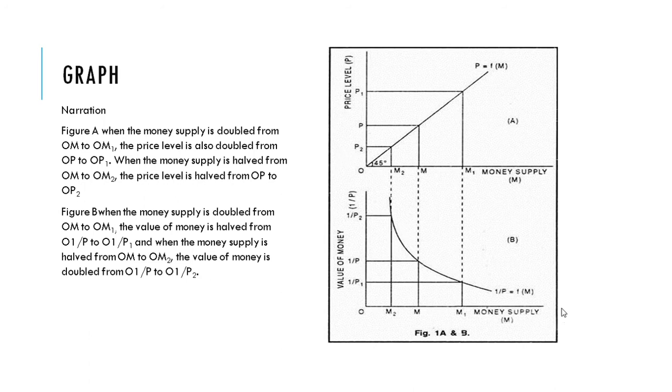Now that shows us from the graph that our function is 1 over P equals a function of money supply. Now this is the equation. It forms a curve, meaning that when you increase money supply, the money value decreases. When you decrease money supply, money value increases. That is the concept. So this concept is very critical in the supply of money in the market.